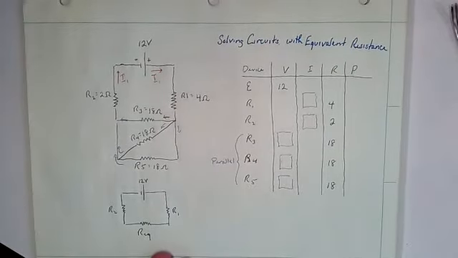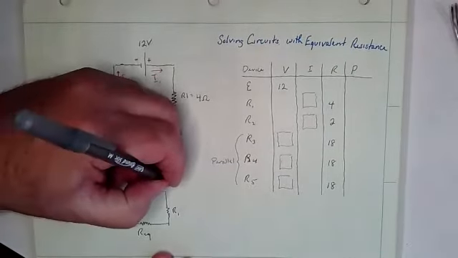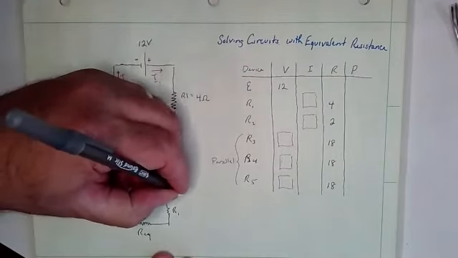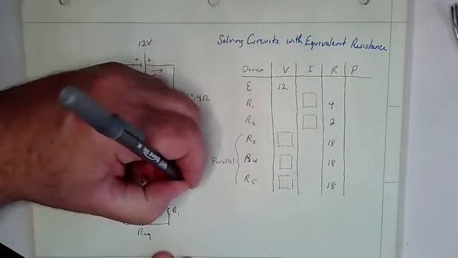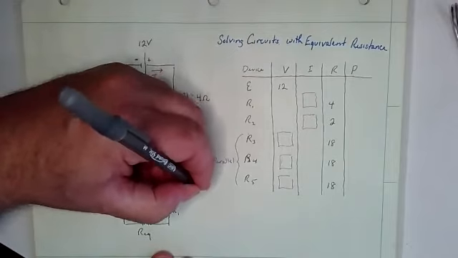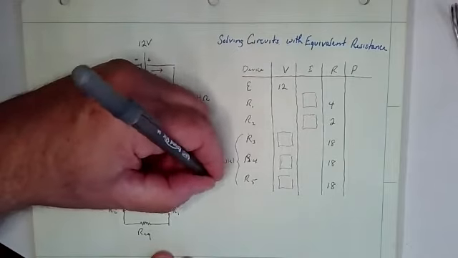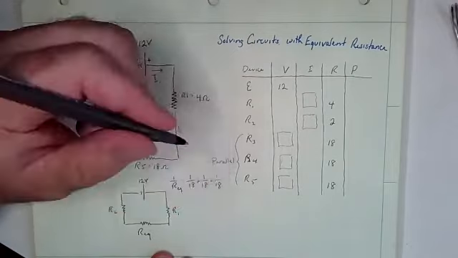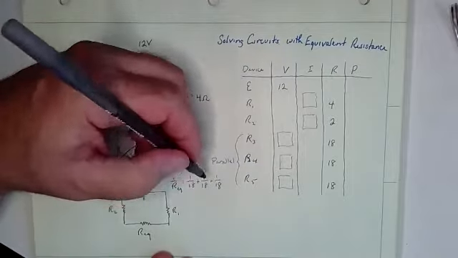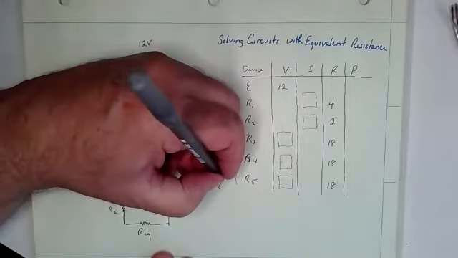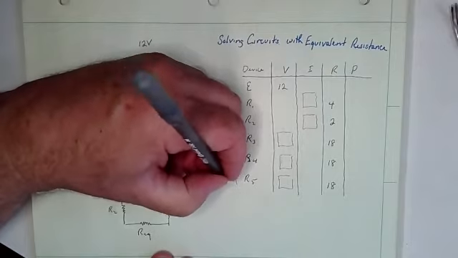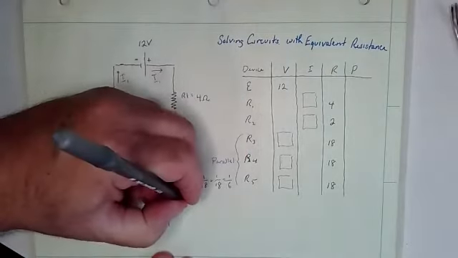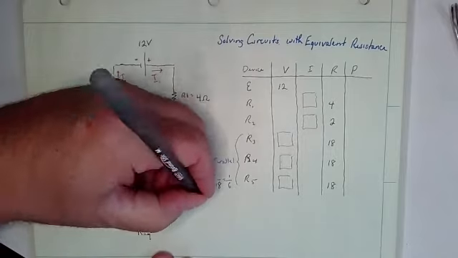So in parallel, we add their reciprocals. So 1 over Req is equal to 1 over 18 plus 1 over 18 plus 1 over 18. Well, that's 3 over 18. And 3 over 18 is the same as 1/6. So our equivalent resistance is 6 ohms.